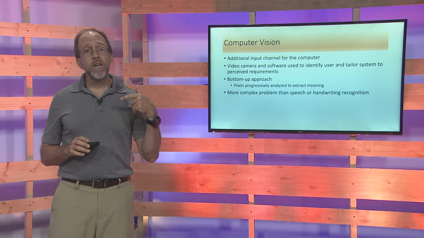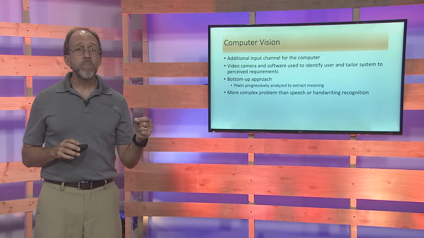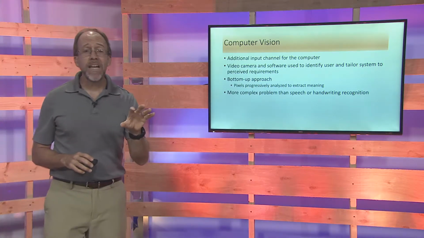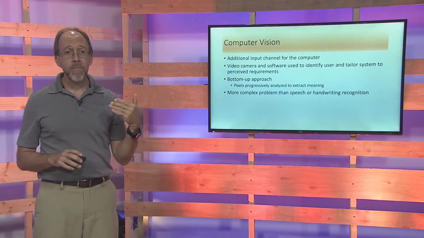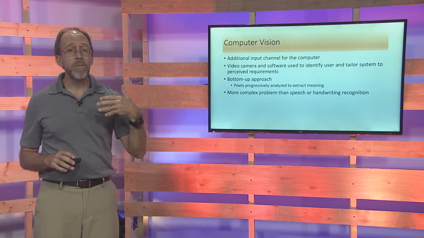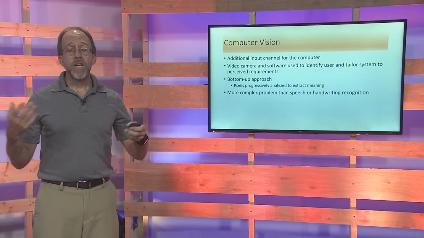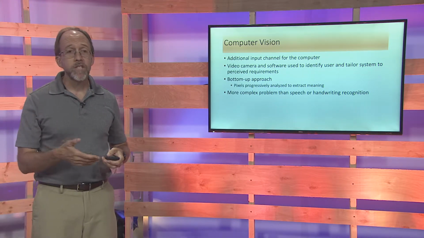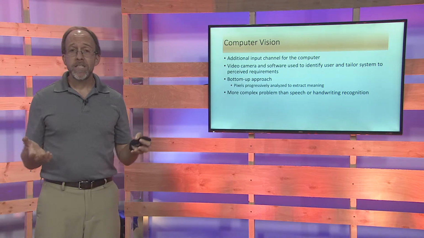Now, as you're dealing with the concept of designing for computer vision, just the concept of saying, if I'm looking at something with a computer eyes, with a camera, and I'm trying to put into the computer exactly what it is that the computer is seeing, okay, that is a huge technological step. Then turning that input into something that then can be turned around and be used by a user, things like facial recognition and other things that go with that, well, now we've got some pretty good advances.